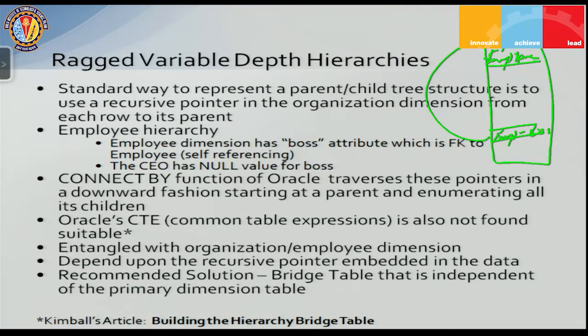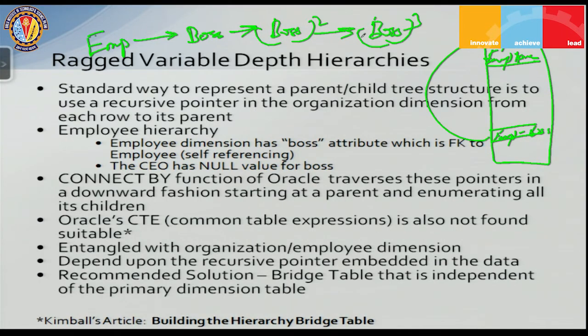So what happens here is that if I start with an employee, I go to its immediate boss, so I'll call it boss, right? And then I follow the pointer, the foreign key, to go to the boss of boss, which I call boss square, and then from here I again follow the foreign key to go to boss cube.